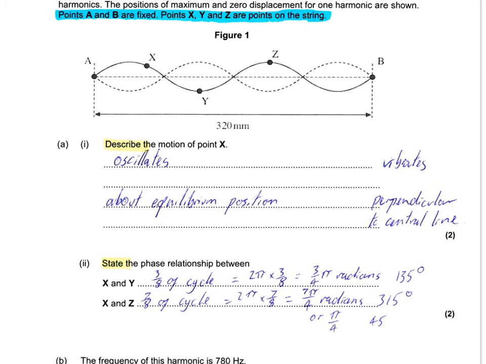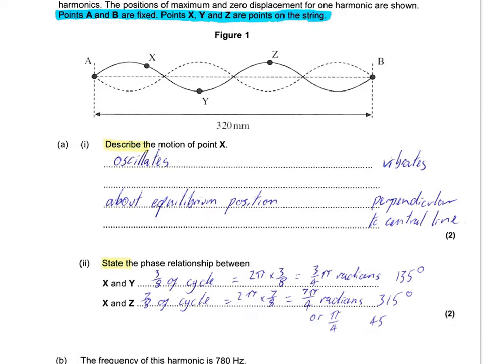Now, slightly tricky is the phase relationship between a couple of places. So we've got the phase relationship between X and Y. Now, you need to start thinking here. We've got half wavelengths. If we include the antinodes, we're splitting that down into quarter wavelengths, and X is halfway between 1/4 of a wavelength and 1/2. So it's actually 3/8 of the way into the cycle.